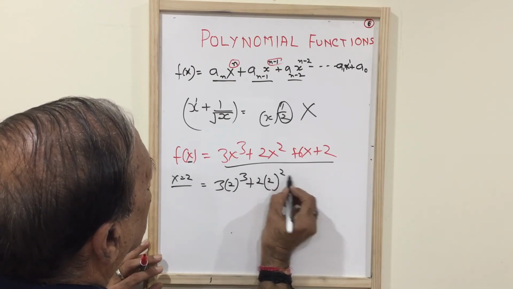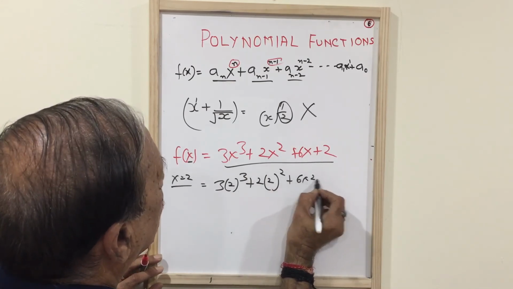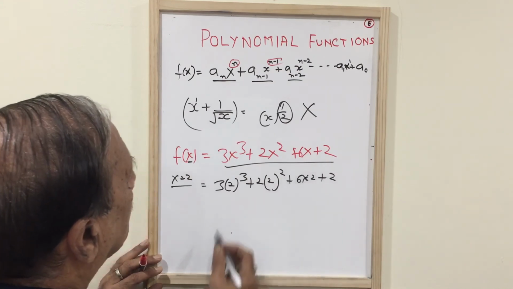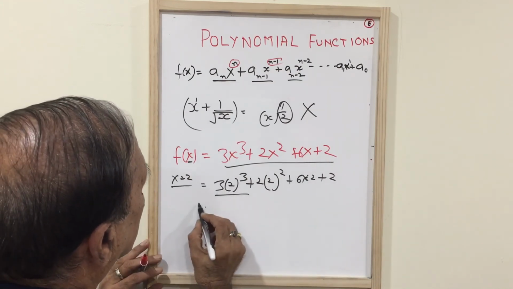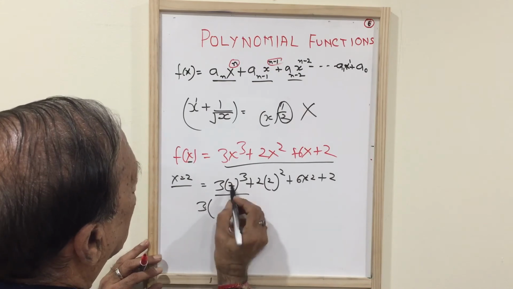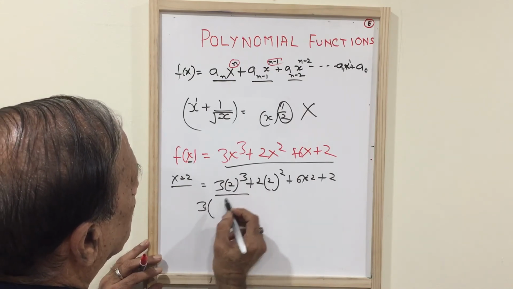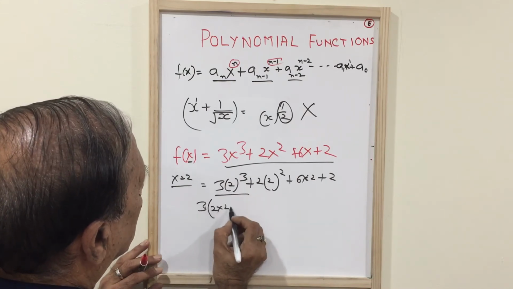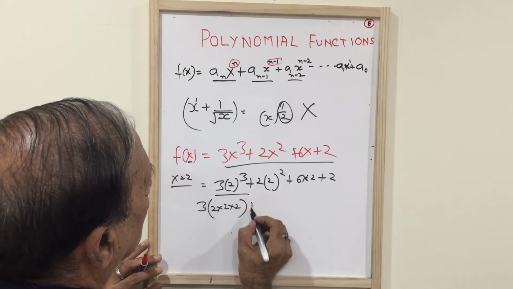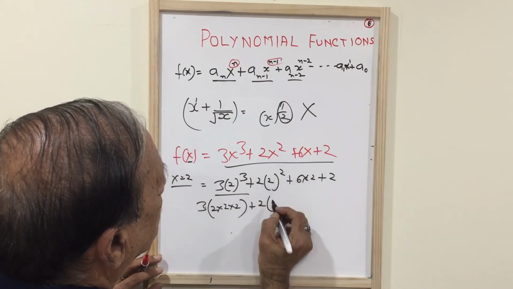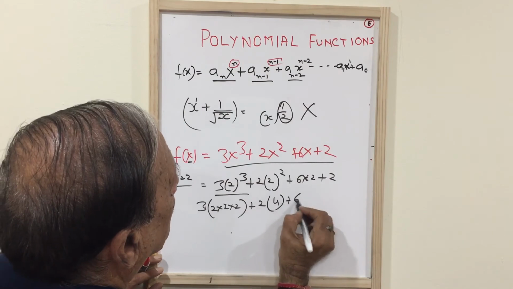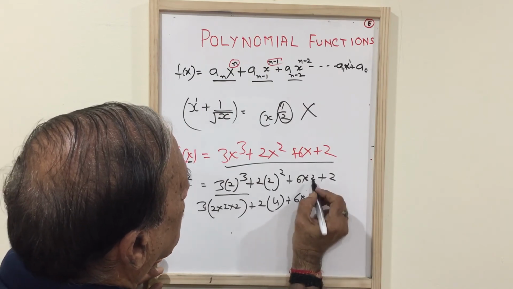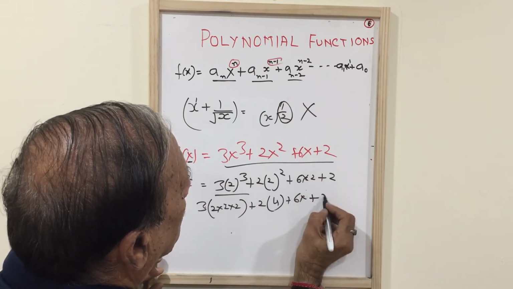So it is 3 times 2 to the power 3, plus 2 times 2 to the power 2, which is 4, plus 6 into 2, plus 2.